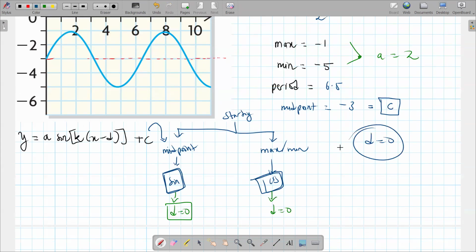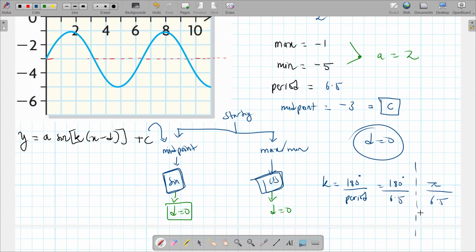Now lastly, you have the K value. K is 180 degrees divided by the period. So in this case, it's going to be 180 degrees divided by 6.5. That's in degrees. If you want radians, 180 is pi. So it'll be pi over 6.5.